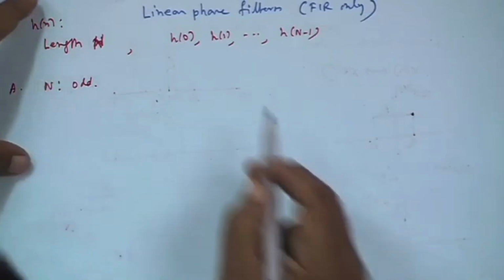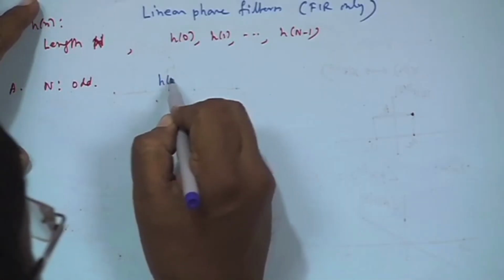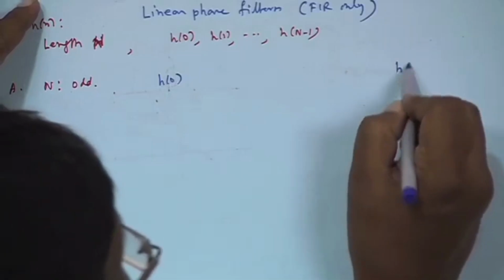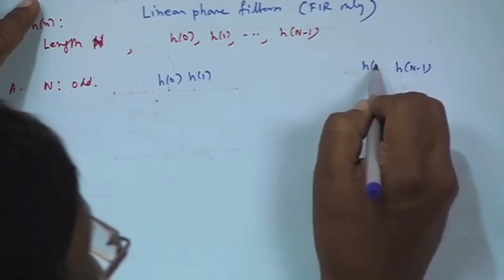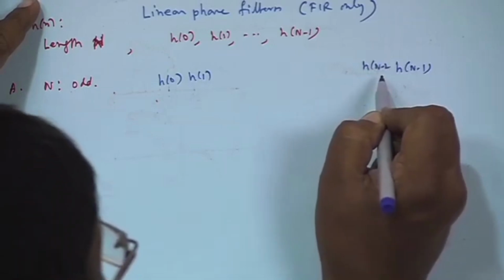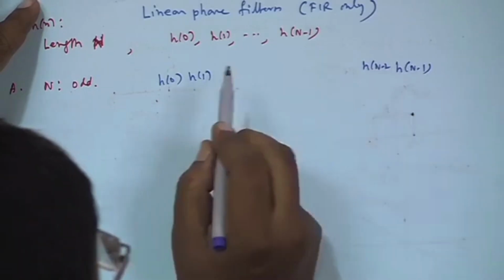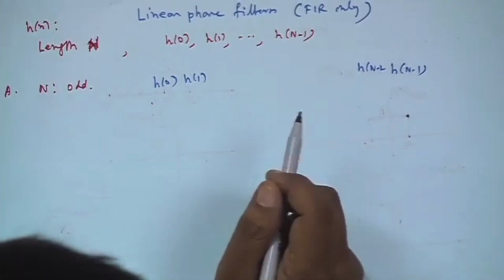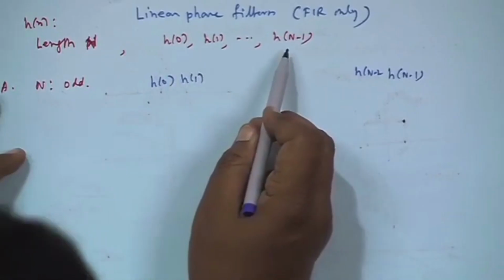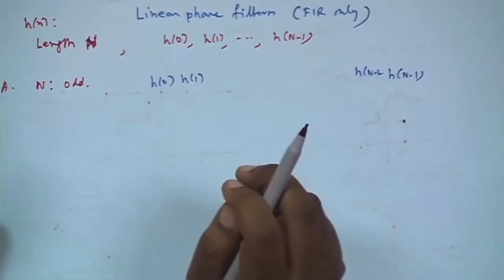Then what happens is this, we have got H 0 and H n minus 1, H 1, H n minus 2, or maybe... okay, let me see how to explain this. Total we have got n coefficients, right, n is odd.